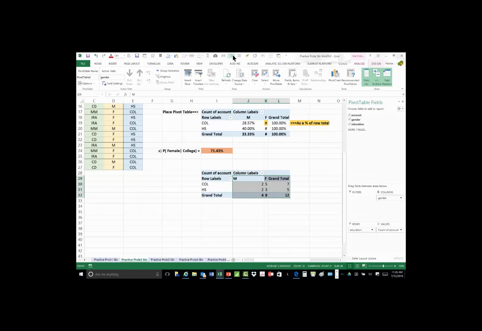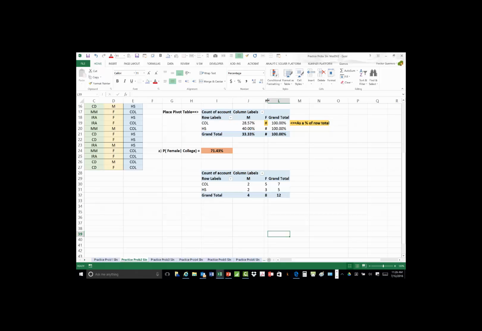I hate the lack of neatness in this way of developing these tables. I like to center everything. I'm compulsive. So what we see here is that 2 of the transactions were male in college, 5 were college and female, et cetera.